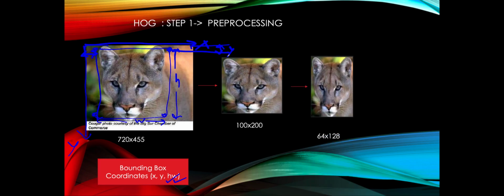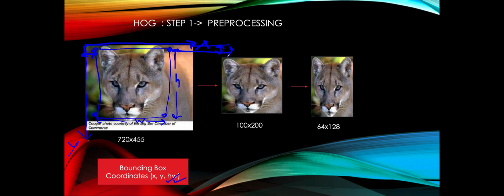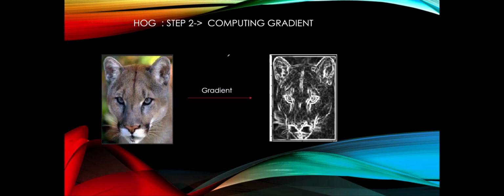So we resize this to 64 by 128, right? And that's what we use in step 2. So step 1, pre-processing, is to crop out the cougar face which we want to detect and resize the image to 64 by 128. Okay, the next step is we need to compute the gradient.